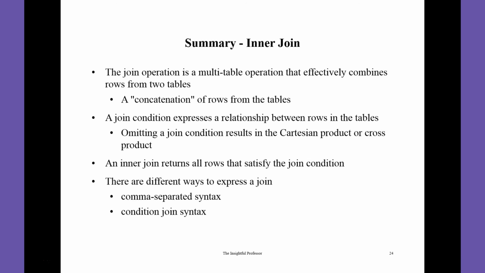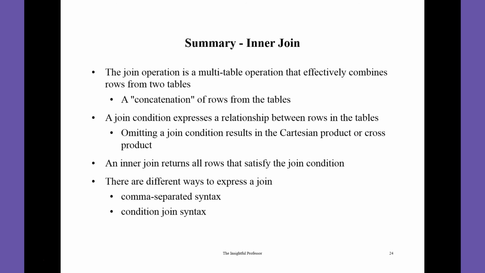So the join operation, regardless of the syntax, is a multi-table operation that serves to combine rows from 2 tables. I refer to this as the concatenation of the rows of the table, and our illustrations kind of confirmed that concept. A join condition expresses the relationship between the rows in the 2 tables that are being joined.